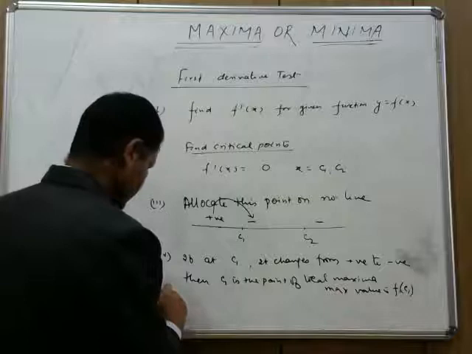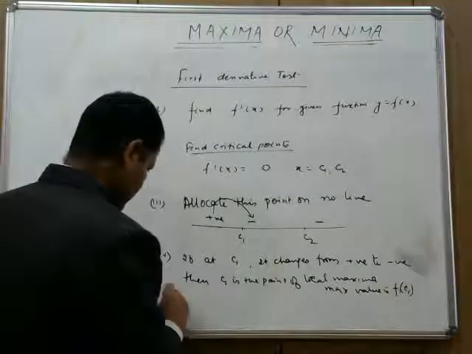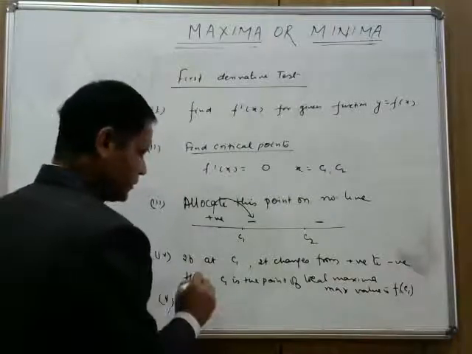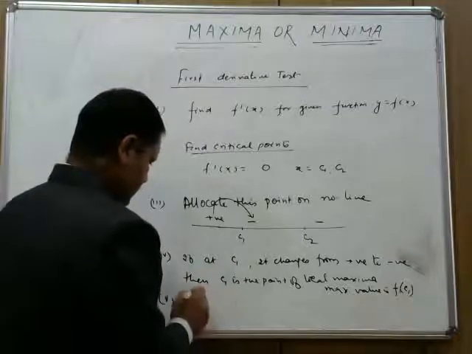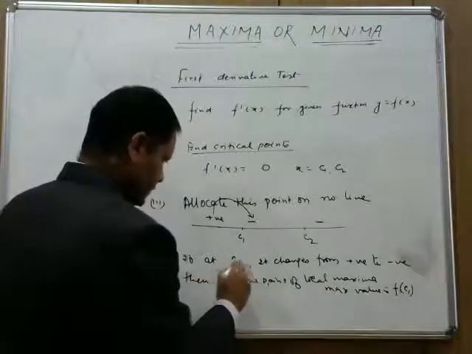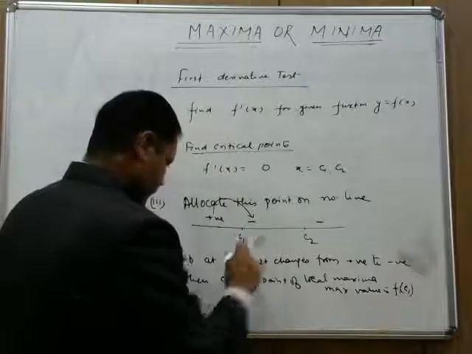Now, fifth point, this is the testing, the deciding factor: at C1 it changes from positive to negative.